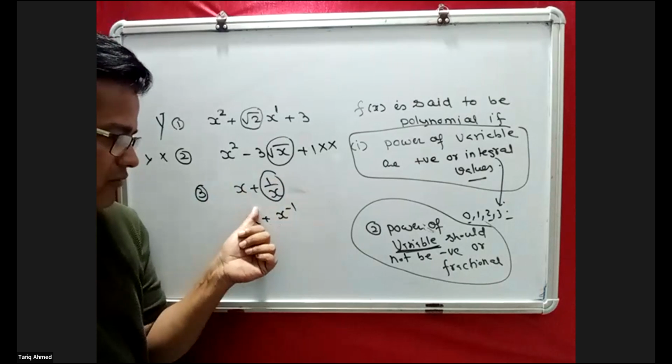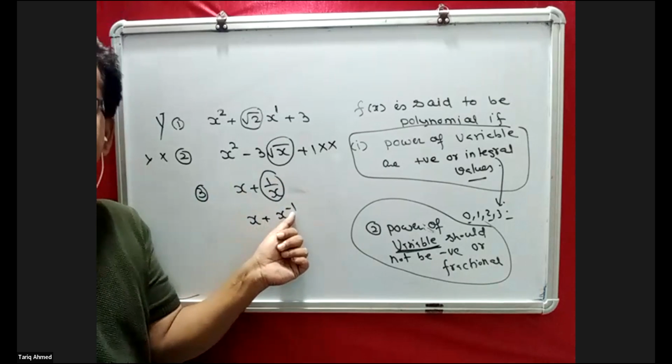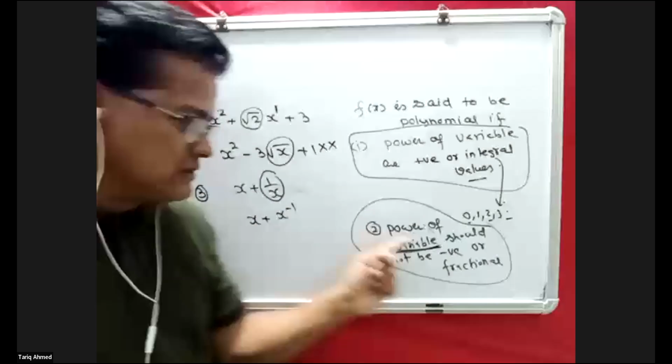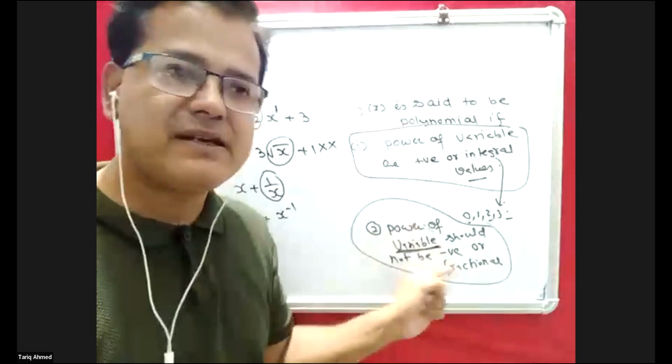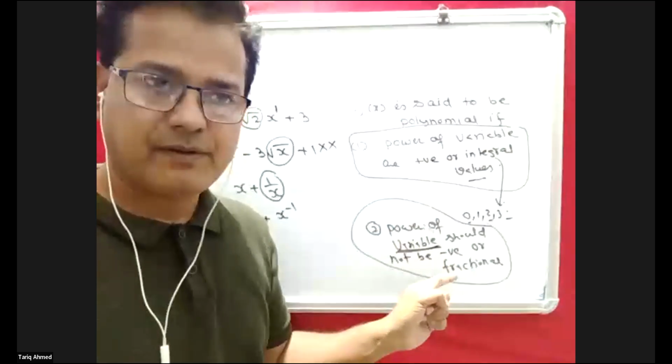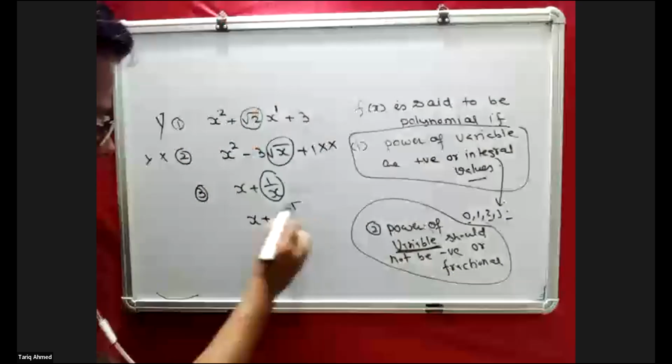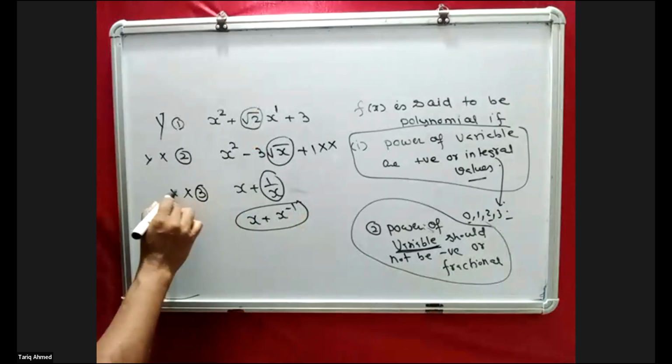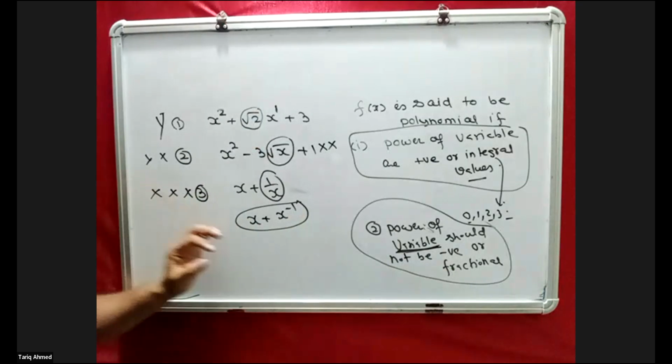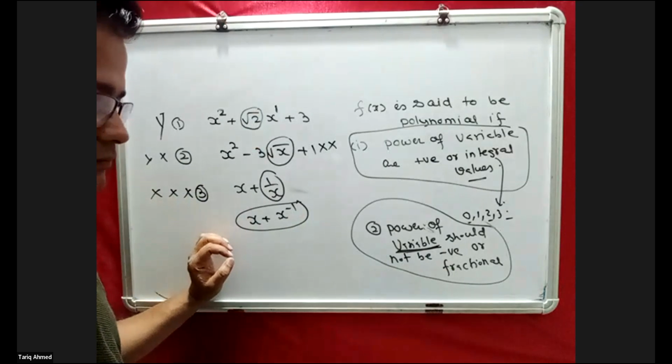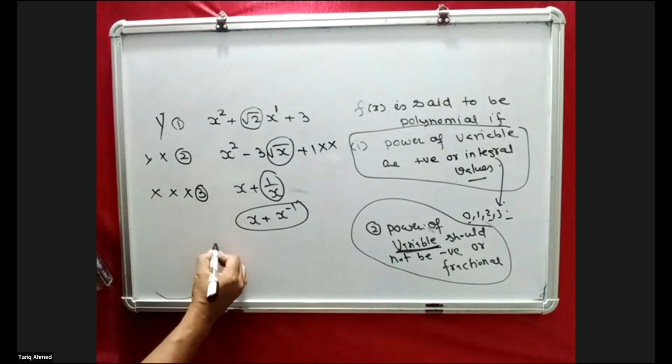It has power 1, but here the power is negative. And the rule says the power of a variable cannot be negative. So since the power is negative here, again, this is not a polynomial. Got it?